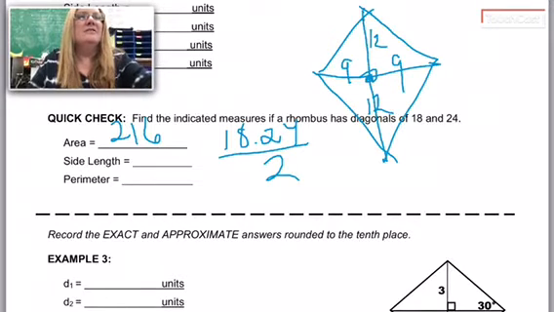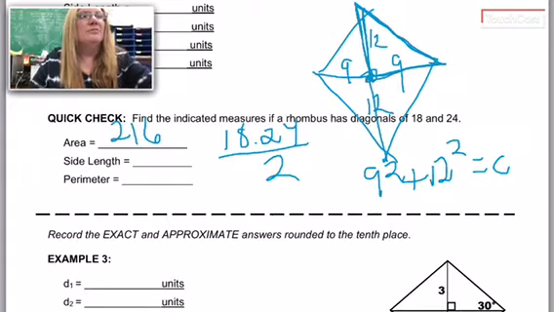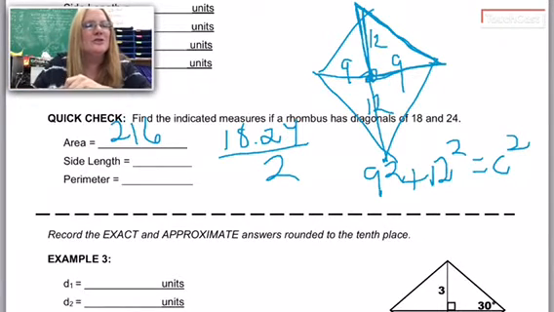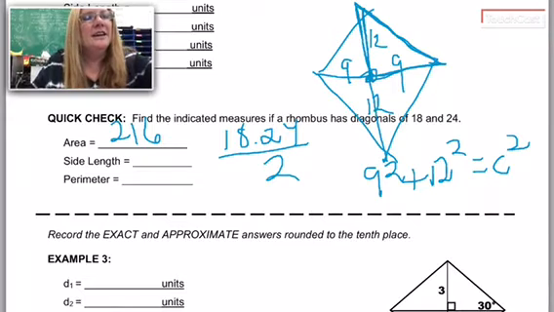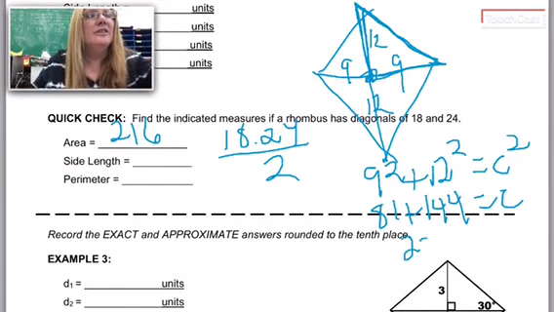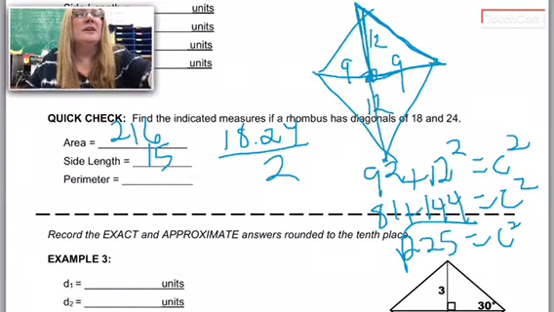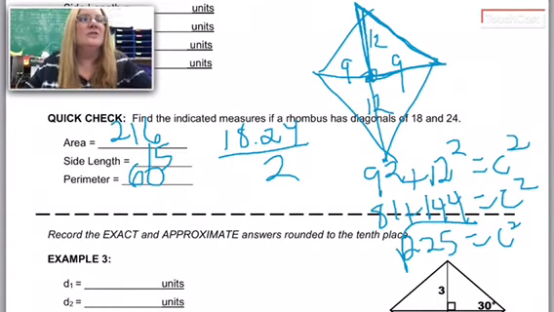But now I need this to find the side length because I have a right triangle. This one is a triple, okay? 9 squared plus 12 squared equals c squared. I'm about 99% sure the answer is 15, but let's do it. 81 plus 144, and 144 plus 81 is 225, is equal to c squared, and the square root of 225 is 15. So the perimeter is 4 times 15 are 60.